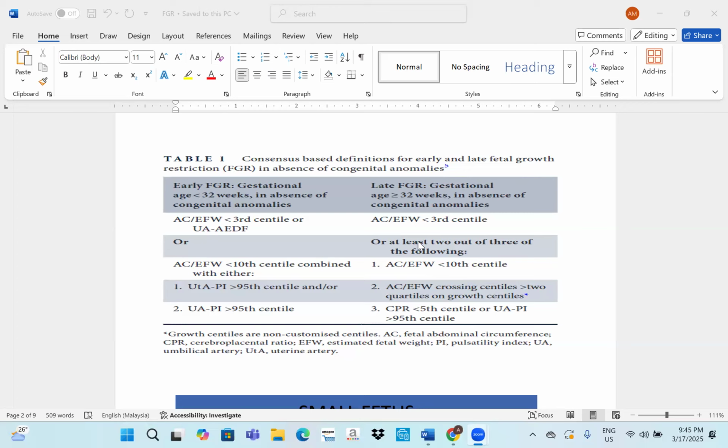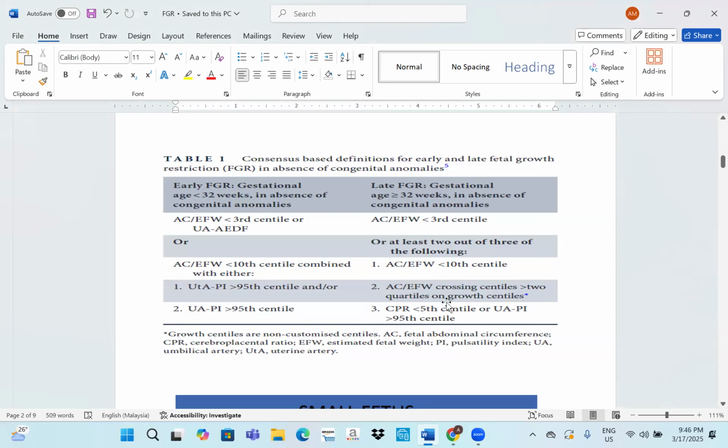Now see here, the late onset one is clear cut, that if less than third centile, we can label this patient as FGR if it is more than or equal to 32 weeks. But if it is less than 10 centile, there should be some accompanying feature. That accompanying feature, we already know that should be some Doppler abnormality. But that Doppler abnormality is not the uterine artery Doppler, it is the cerebroplacental ratio and the umbilical artery Doppler abnormalities.